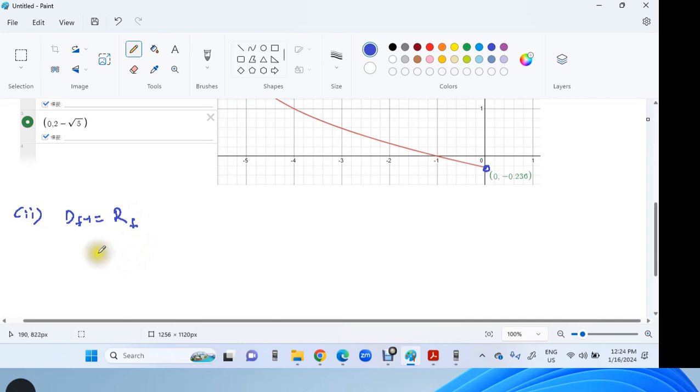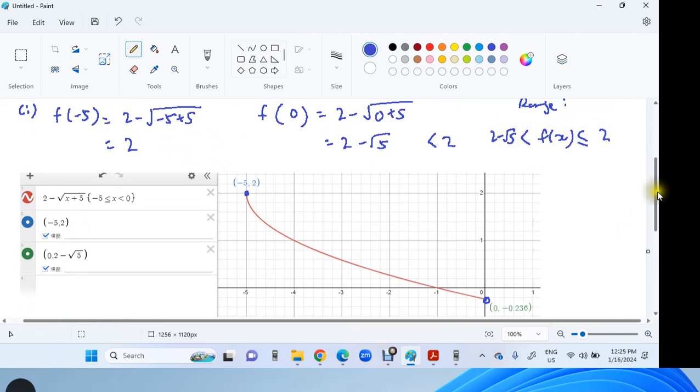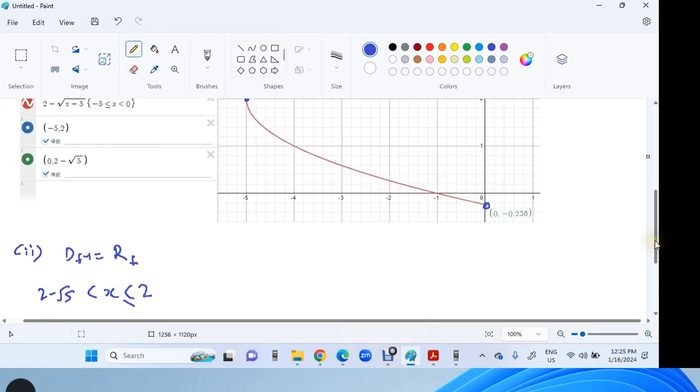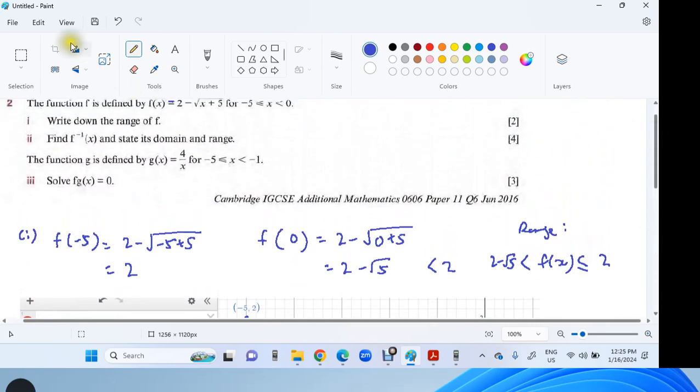So the domain for f inverse will be x between 2 minus square root 5 and 2, inclusive of 2. And the range of f inverse equals the domain of f. So y is between negative 5 and 0. Okay, so we need to find the f inverse.